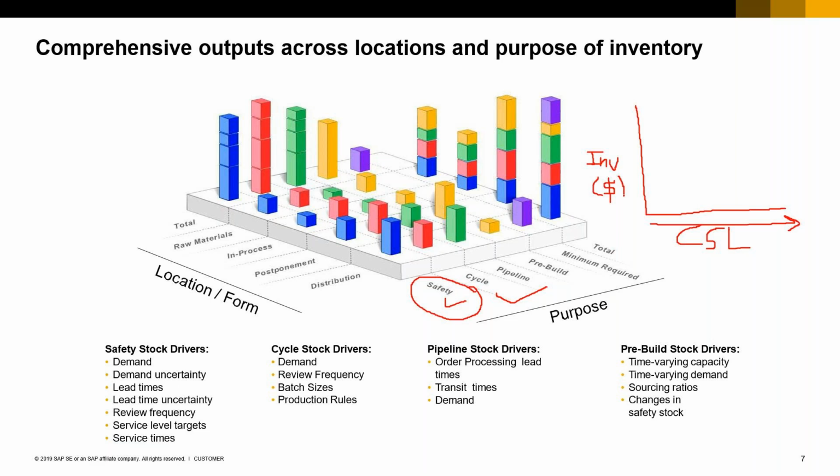So let's say you have the customer service level, starting from, let's say, 70% and going till 100%. The more customer service level you have, the more inventory you have to keep.